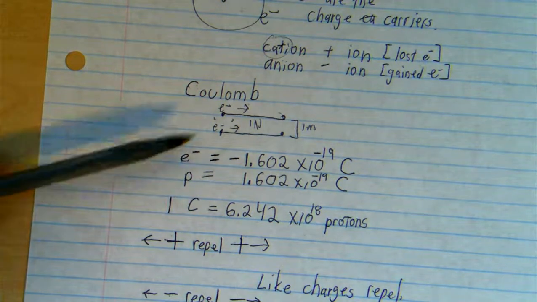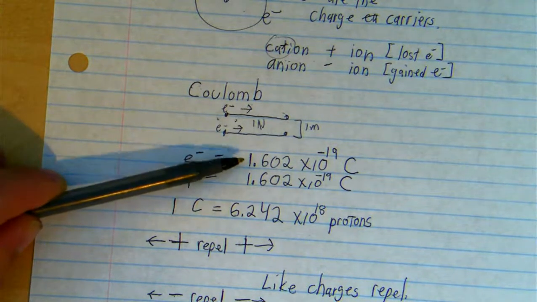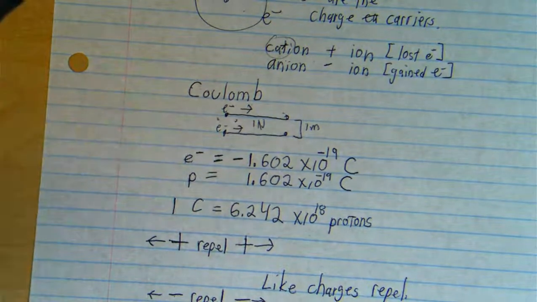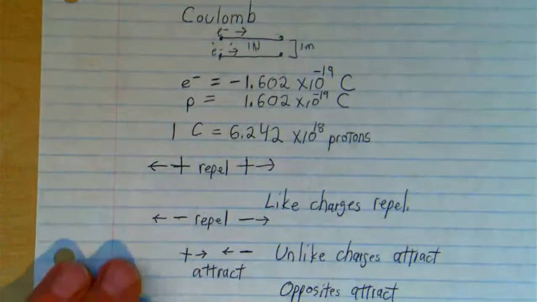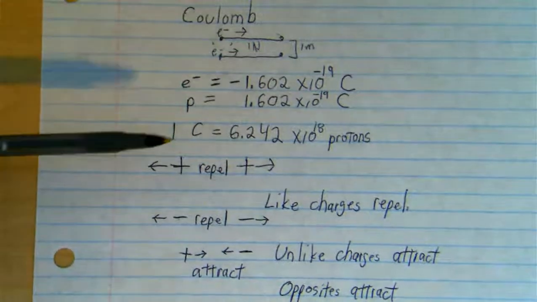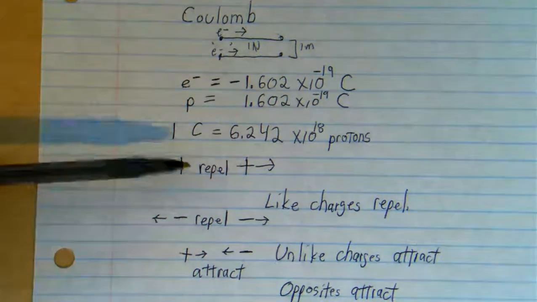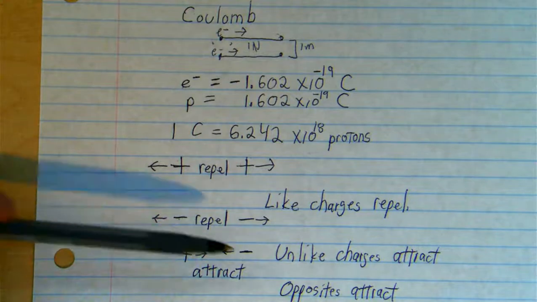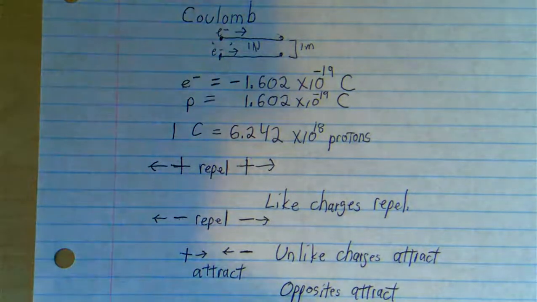For each electron, it has this amount of electric charge. So some physics unit. The rules are, if they have the same electric charge, they're going to push each other away. If they are opposite electric charges, they're going to attract.